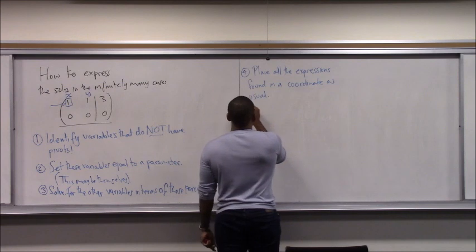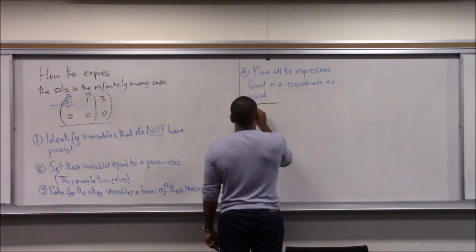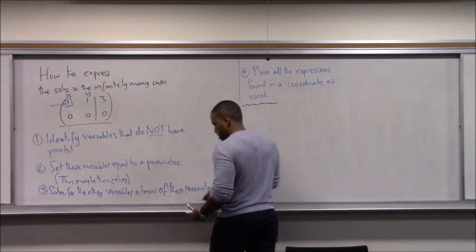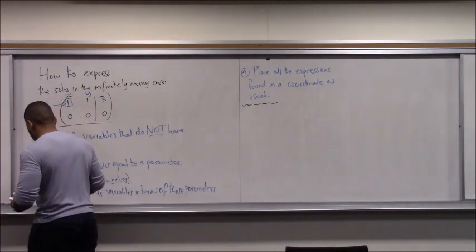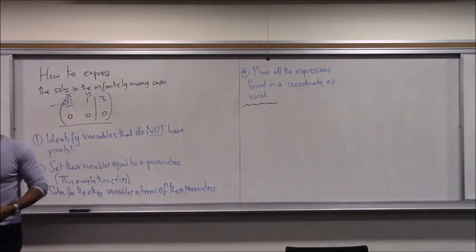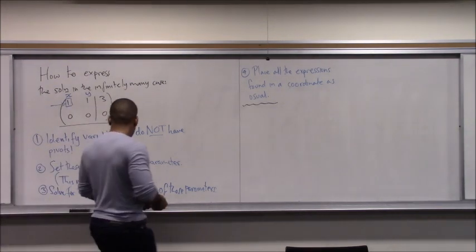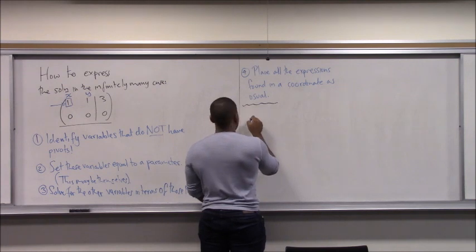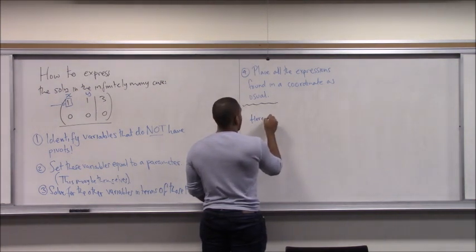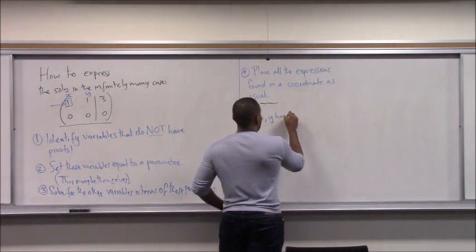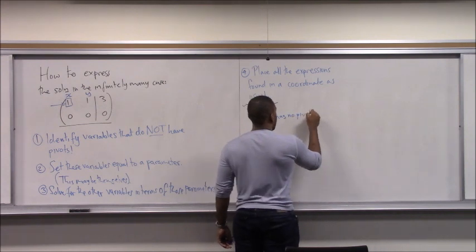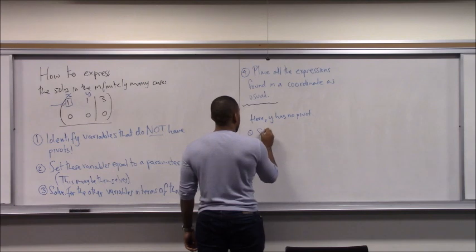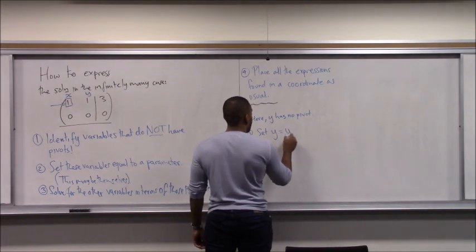So here, I'm in blue, I'm just writing my thought process. Here, y has no pivot. So the first thing I would do is set y equal to itself.